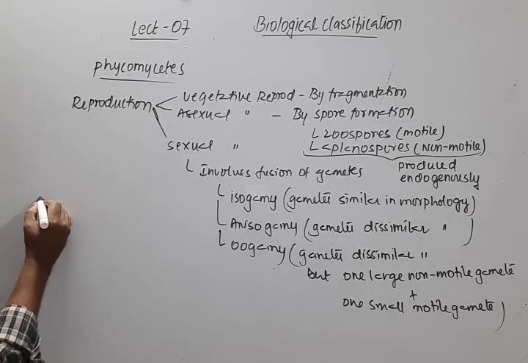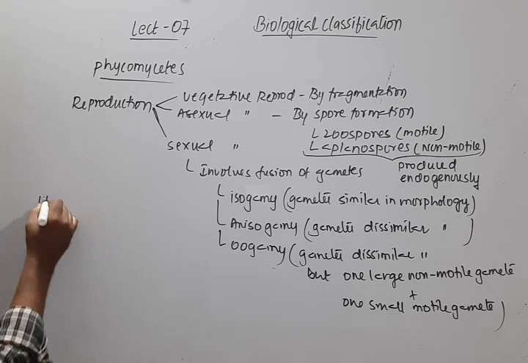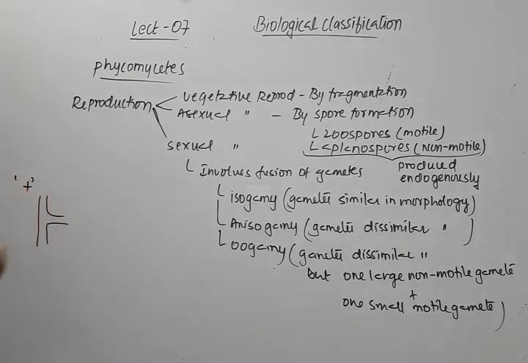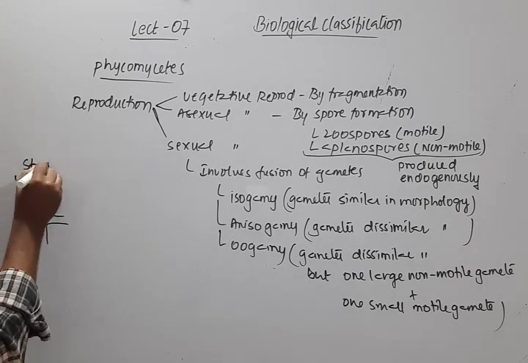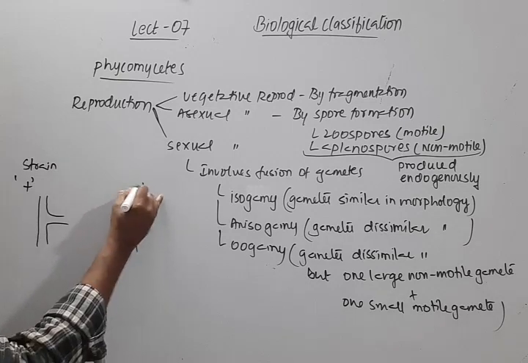When two different strains grow on the same substratum, one of them acts as a plus strain and the other is a minus strain.